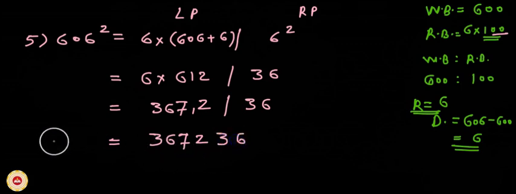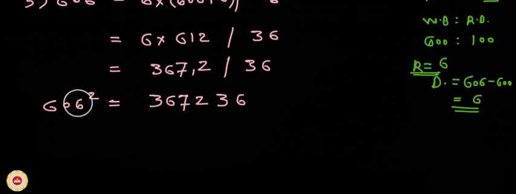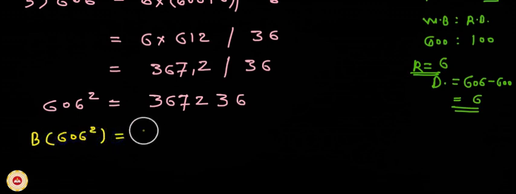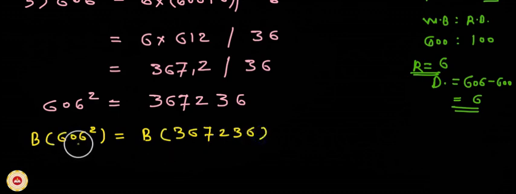It means 606 squared is equal to 3,67,236. You can apply the Beejank method to check if it is correct or not. The Beejank of 606 squared should be equal to, if we are correct, the Beejank of 367236. 6 plus 6 is 12. 1 plus 2 is 3. 3 squared is 9.